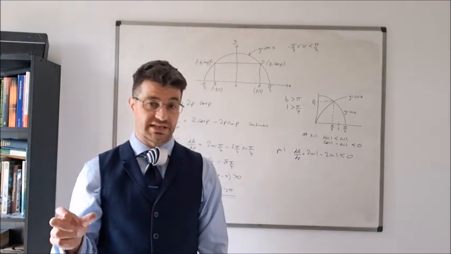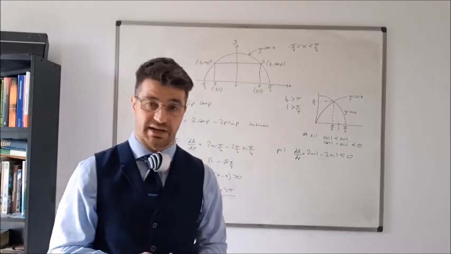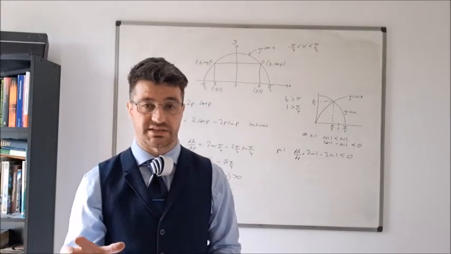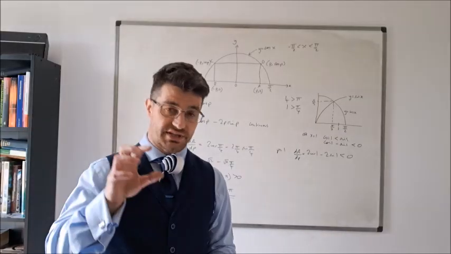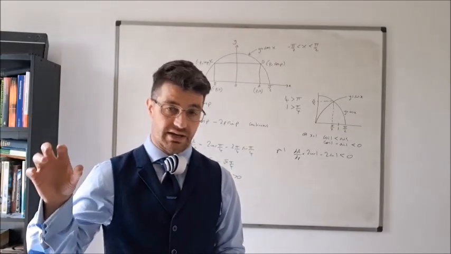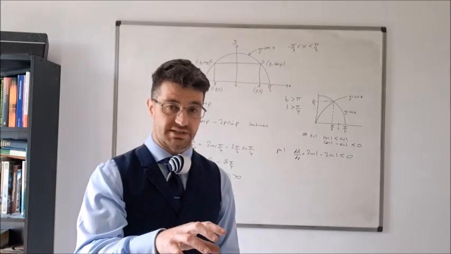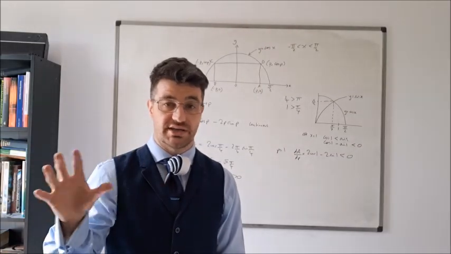Do not think that your examiner is stupid. Do not think that you're going to be able to outsmart your examiner. You may be very good at mathematics. You may be very talented at mathematics, but at the stage that you're at now, you are not better than your examiner. Your examiner knows way more about mathematics than you do. That will change for some of you. That will change over the coming years.